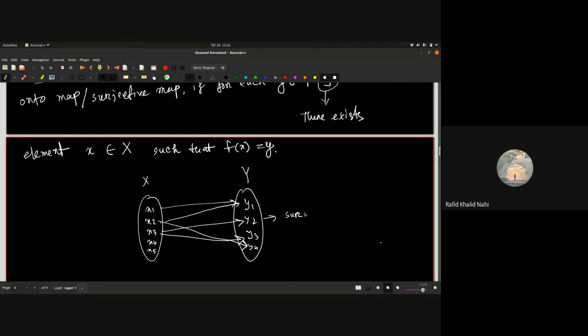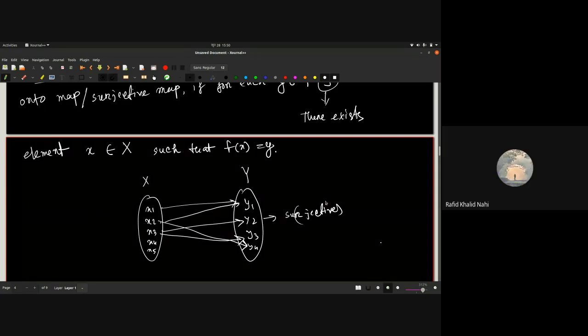x3 is mapped to two elements, that can't be allowed in a mapping. Why not? It's a surjective map. I'm not saying it's an injective one. I'm saying x3, one element of X, is mapped to two elements of Y, and that violates the definition of a function. Like, who told you this is a function?